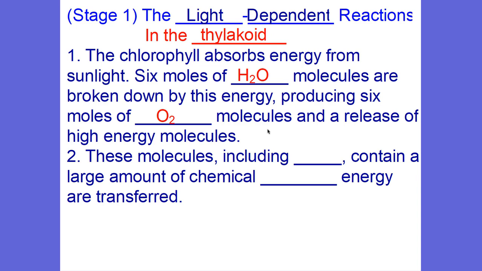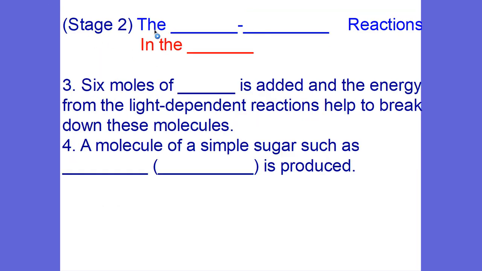You can see this is called the light-dependent reactions because we need that sunlight absorbed by the chlorophyll to break the 6 H2Os to make 6 moles of O2. And these also release high-energy molecules. These molecules, including ATP, contain a large amount of chemical potential energy, and it's transferred. So it's producing some energy as well.